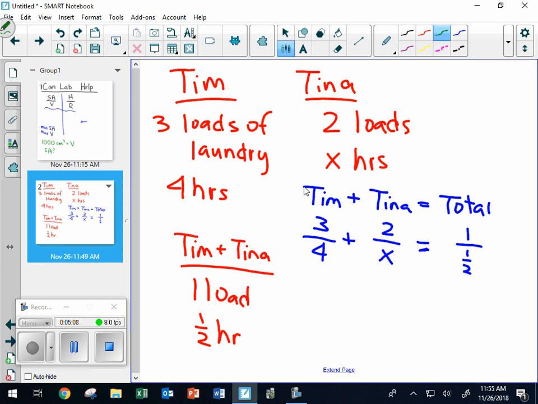So if I wanted to change this so that it's just a simple fraction, how could I do that? Turn and talk to your table partner. Try and discuss, what do we have to do?